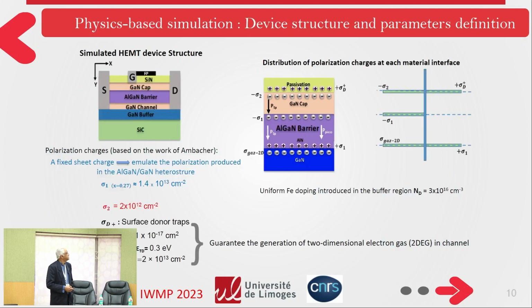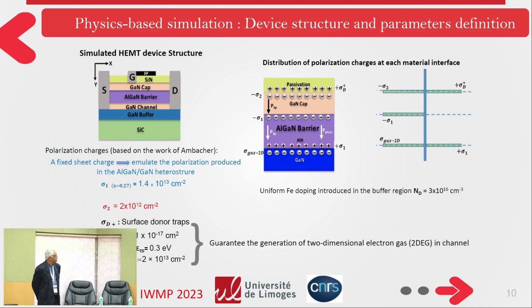Once you have done that, we can make the low frequency S-parameter simulation. For this, we put the polarization charge at each material interface based on previous work. A fixed charge of 1.4 e power 13 per centimeter square is put on either side of the GaN cap and AlGaN barrier to emulate the polarization produced in the AlGaN-GaN structure. Then we also put a fixed charge of -2 e power 12 per centimeter square at the silicon nitride passivation and GaN cap interface.